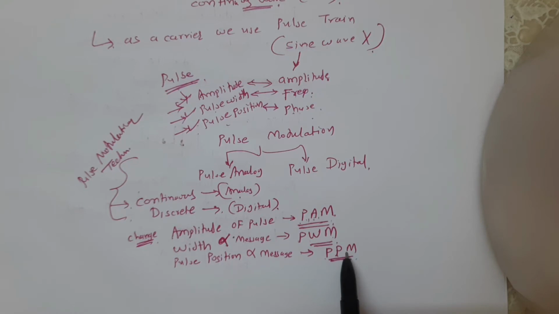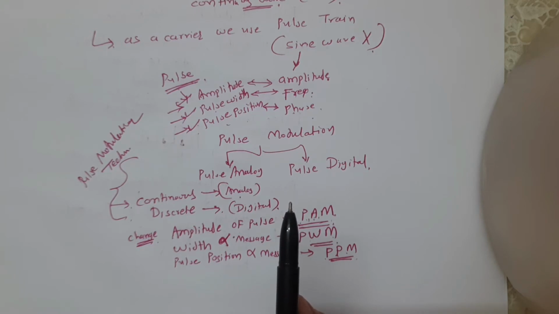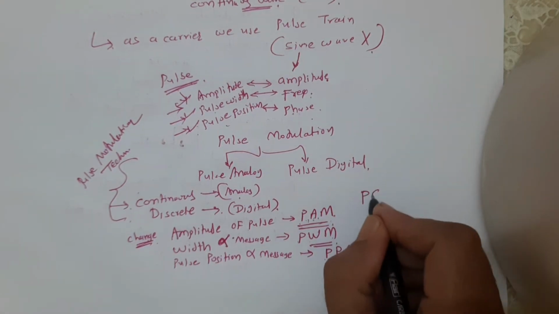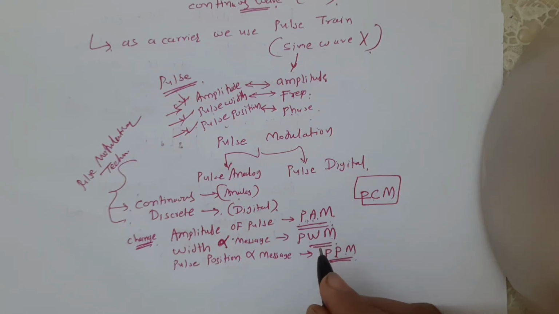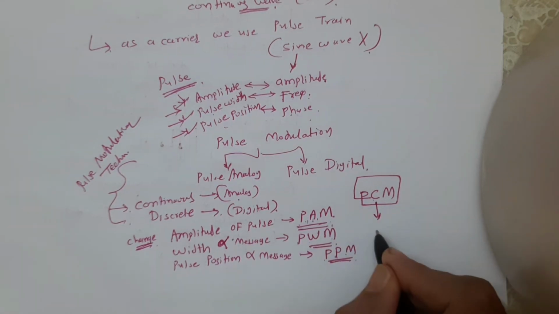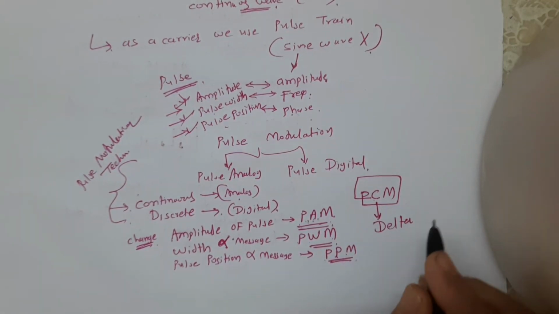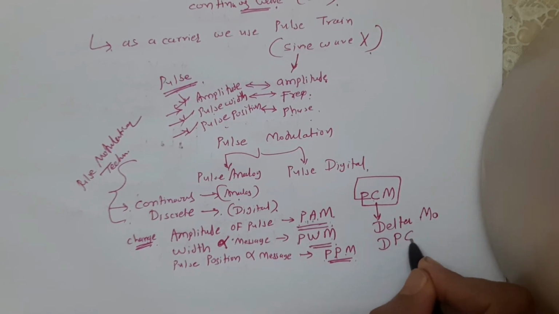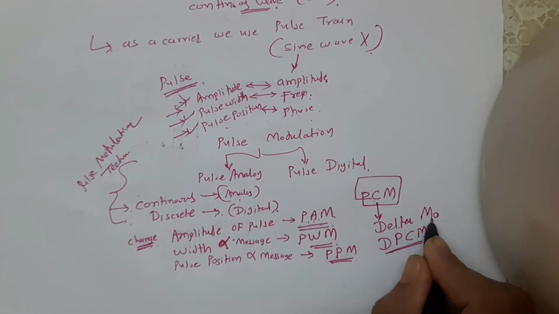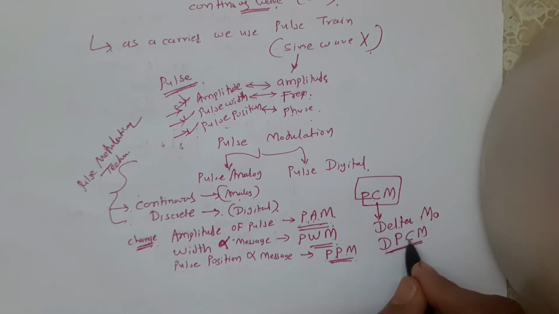Finally, the amplitude of the pulse can be approximately represented by a discrete amplitude value, which leads to pulse code modulation. Further variations of pulse code modulation include delta modulation and differential pulse code modulation.